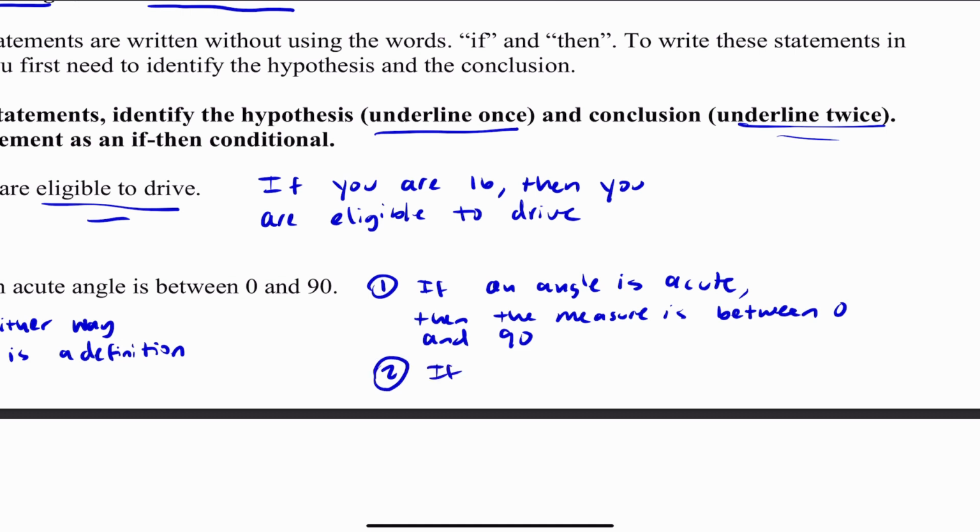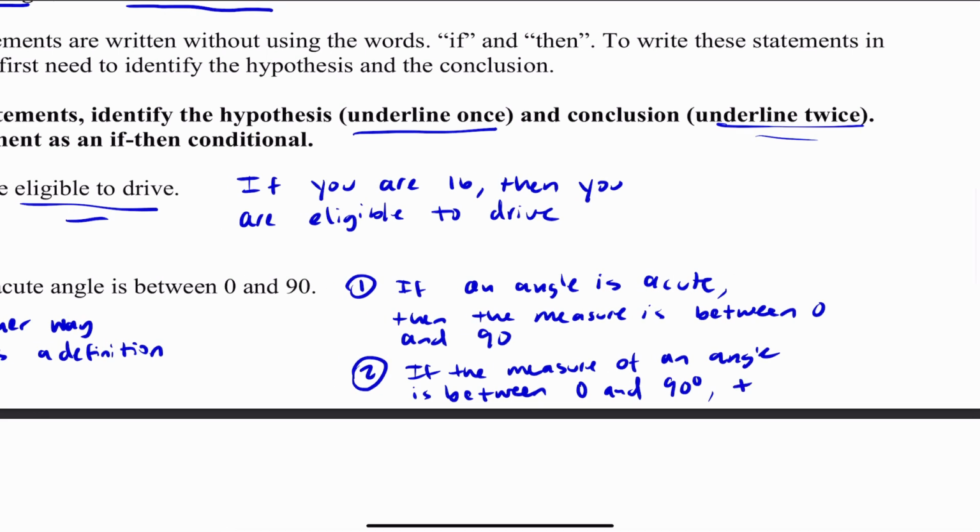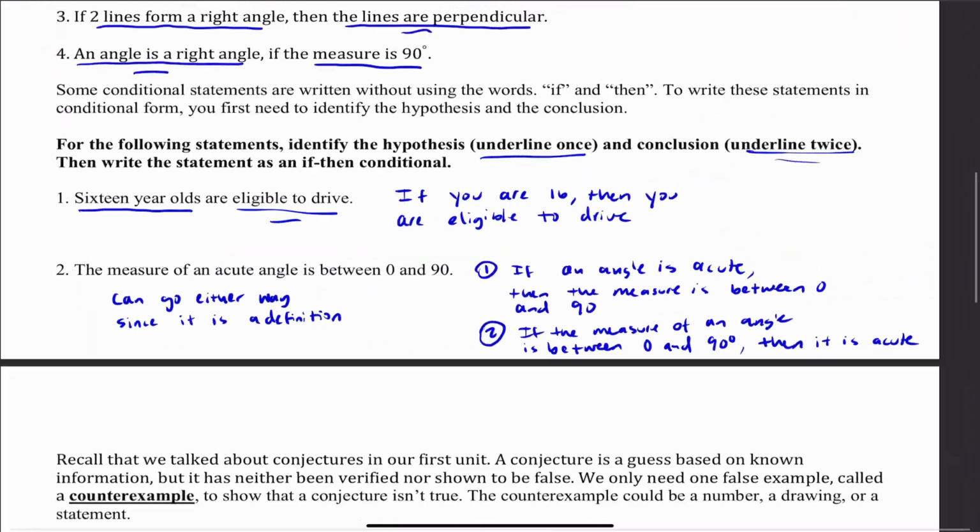If the measure of an angle is between 0 and 90, then what does that imply? If the angle is between 0 and 90 degrees, then we say it's acute. So it goes either way.